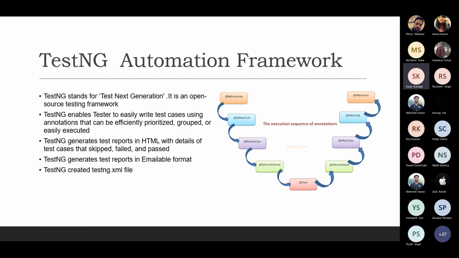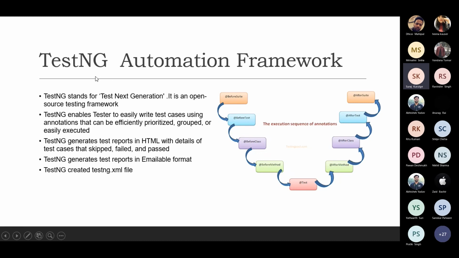If we do manual testing and the developer is changing any code, regression testing is difficult. It takes a lot of time through manual testing. If we go to automation, it is very easy. Through TestNG, we can do regression testing.